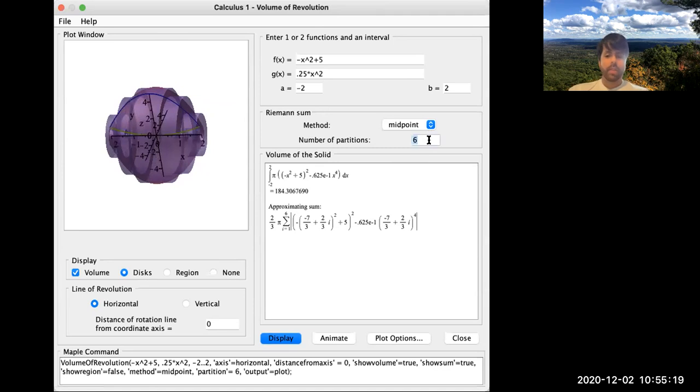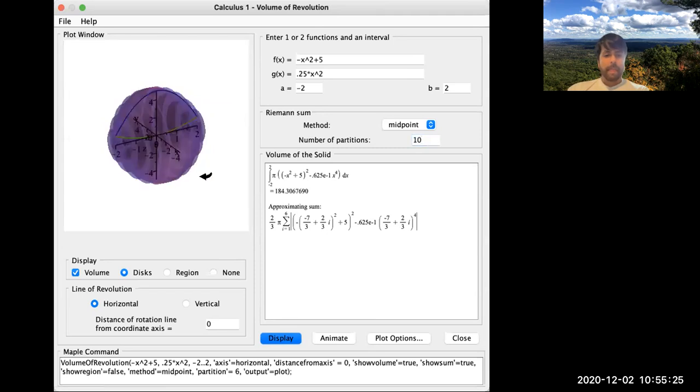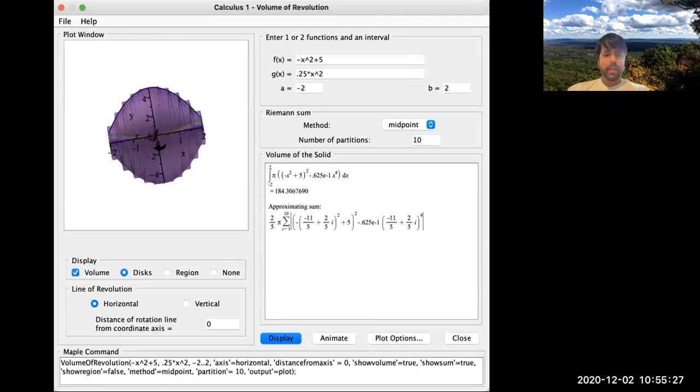Then we can increase the partition. Let's make more discs. How about 10 instead? You see the thicknesses of these discs get thinner and thinner, so we can fit more of these washers, as they call them. The more we increment, the better the approximation is.